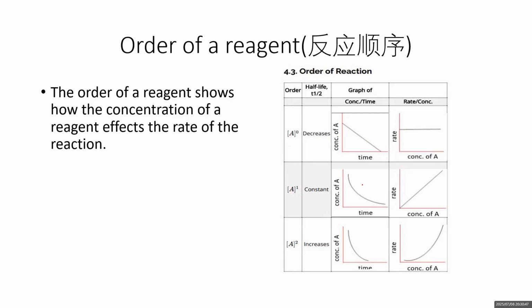If the order is 1, this goes down like this, nonlinearly, and the rate as a function of concentration is linear. For order 2, this is also going down nonlinearly, and the rate as a function of concentration is quadratic, since it's order 2.